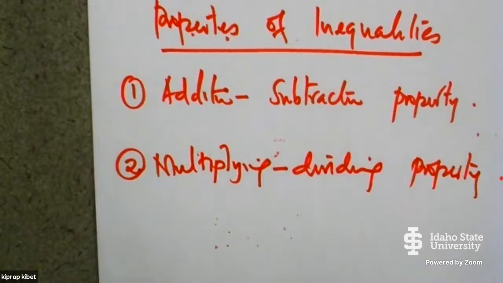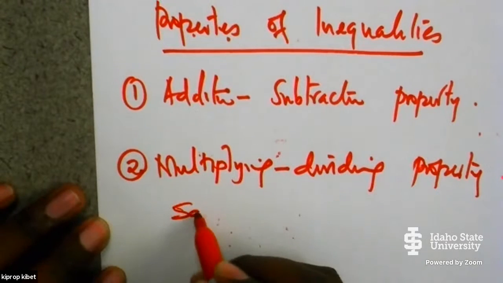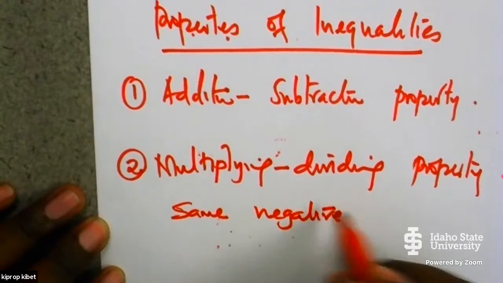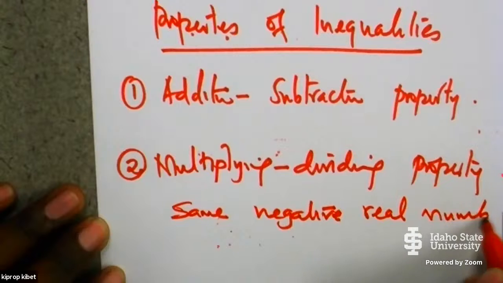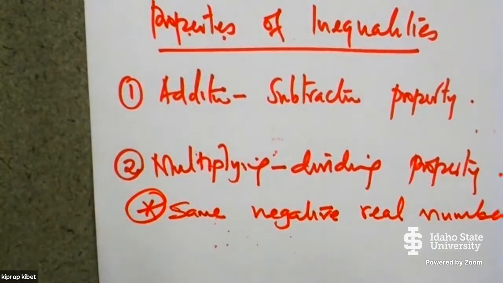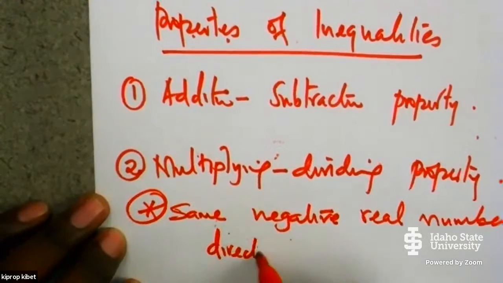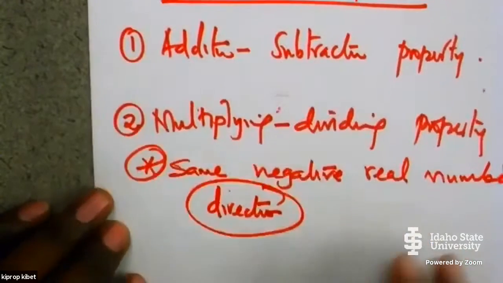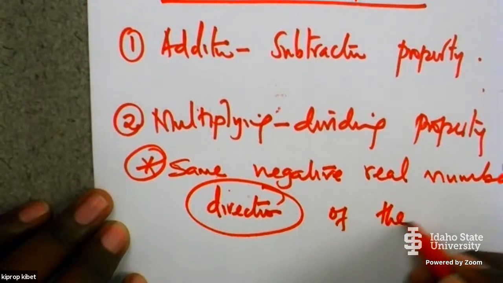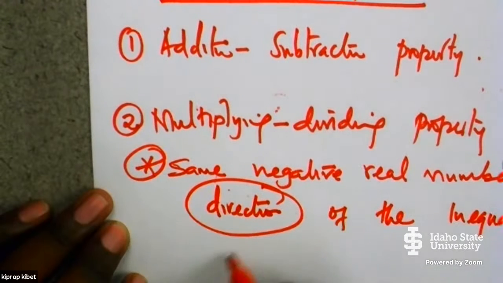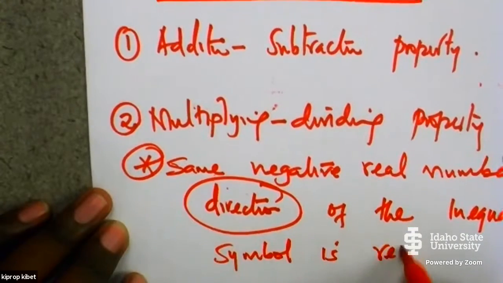Now this one is so important. Multiplying or dividing each side of the inequality by the same negative real number produces an equivalent inequality, provided the direction of the inequality is reversed.